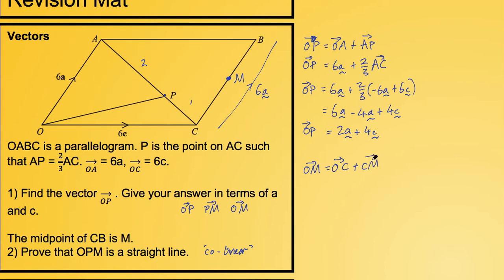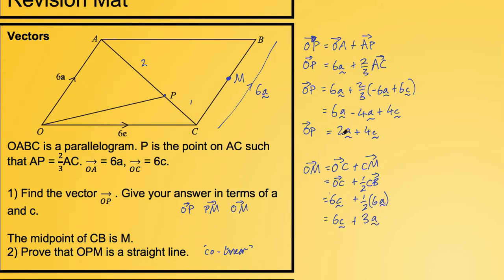Using my chain of letters, I'm going from O to C to M. Then I'm going to redefine CM as half of CB, which is OC is 6C plus half of CB, which is half of 6A. So that equals 6C plus 3A.